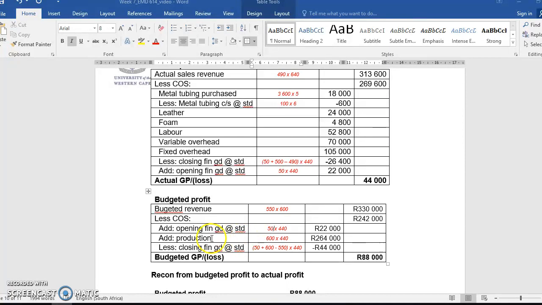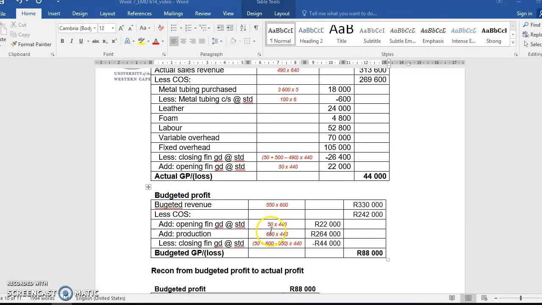And production will be, we budgeted 600 units to produce at 440. This 440 includes material, labor and overheads, all the production costs per unit, and we budgeted 600 units. And then we less closing stock, but it's budgeted. We budgeted 50 opening, we budgeted to produce 600, and we budgeted to sell 550.